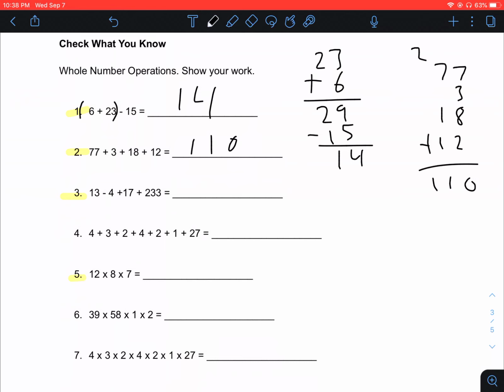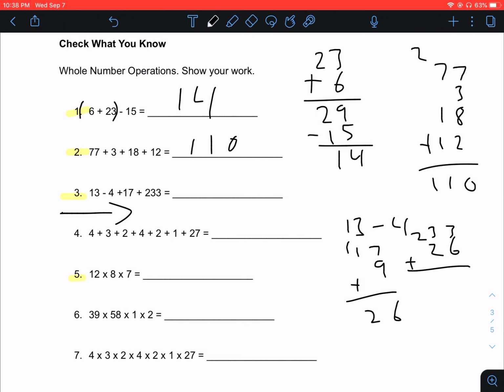Number 3, same again. We're going to go from left to right. 13 minus 4 is 9, plus 17 is 26, and 26 plus 233 is 259.